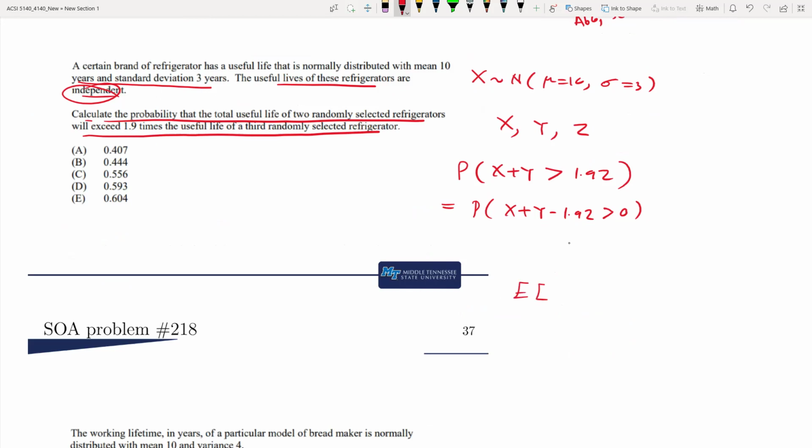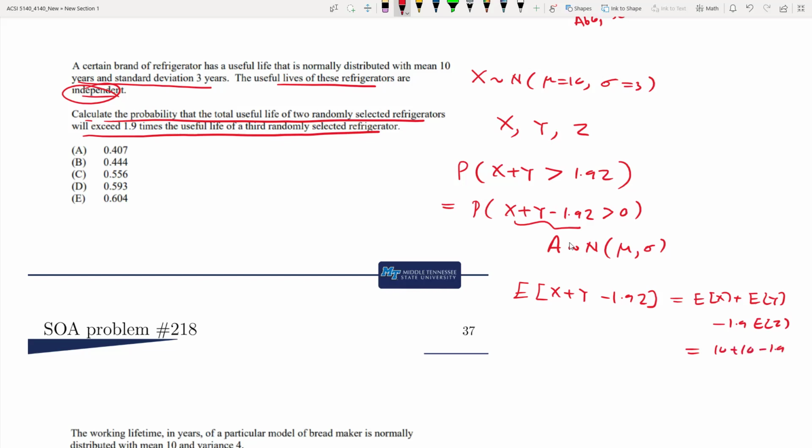So the expected value of x plus y minus 1.9 z, let's say this is some new random variable, let's say it's a. This is going to be normal. Before that, I need to know the mu and sigma for that new one. So if I add this, you can see this is going to be Ex plus Ey, since they are independent, minus 1.9 times Ez, which is 10 plus 10 minus 1.9 times 10.